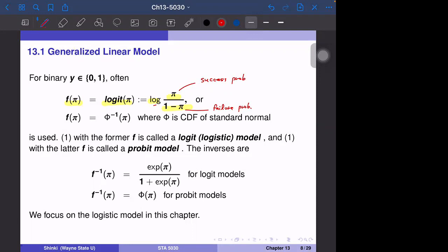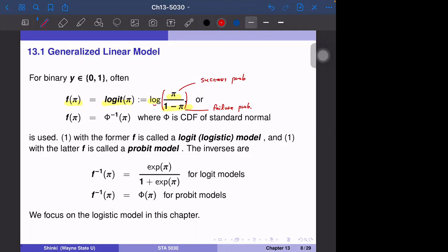If pi goes to 0, then this goes to negative infinity, log of 0 over 1. If pi approaches 1, then this quantity, pi over 1 minus pi, goes to infinity, so log of that is also going to infinity.